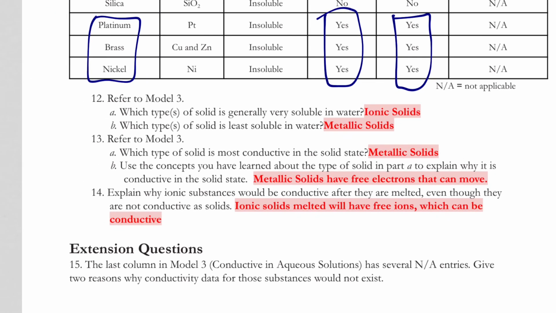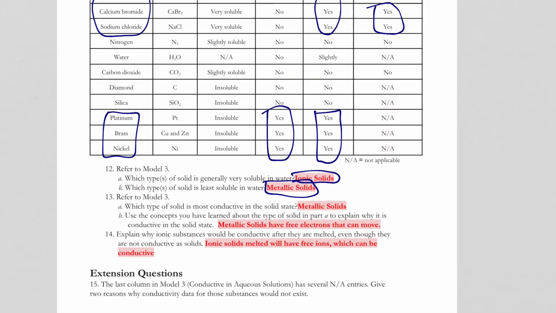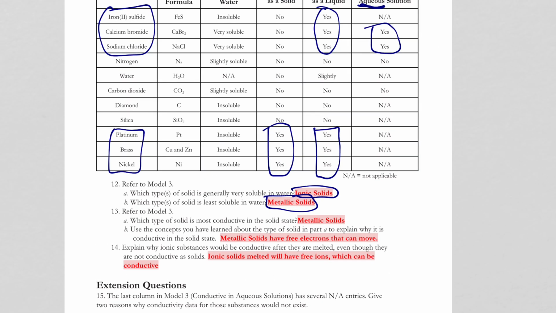So, which type of solids is usually soluble in water? Well, that is going to be the ionic solids. Metallic solids are going to be least soluble due to the fact that most of them don't do that, as well as network covalent solids too. So those are both correct answers for that one.